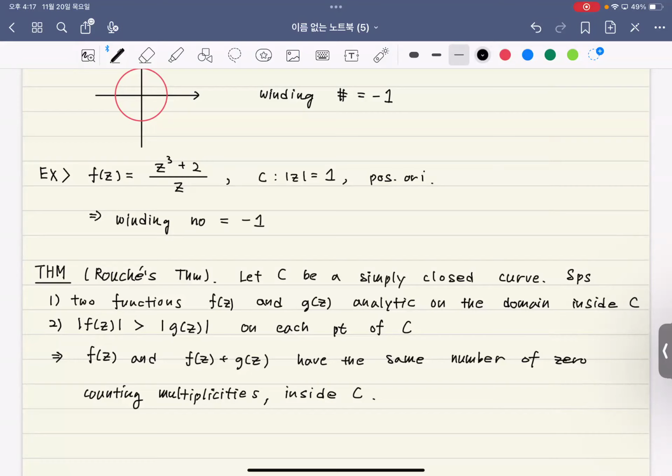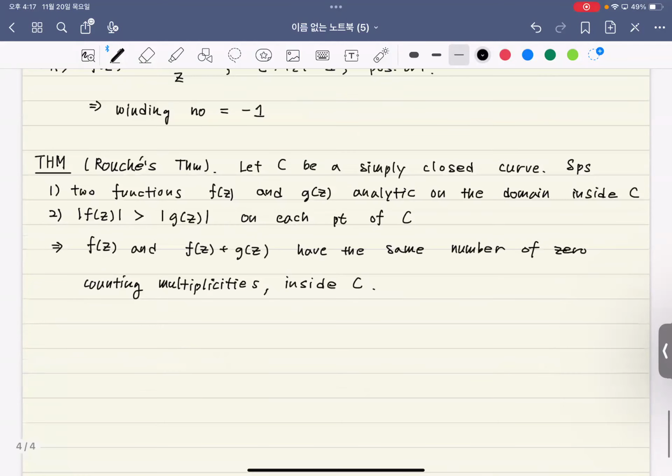All right. I will show you the proof. So first, on this curve, we are assuming that the modulus of f of z is greater than the modulus of g of z.